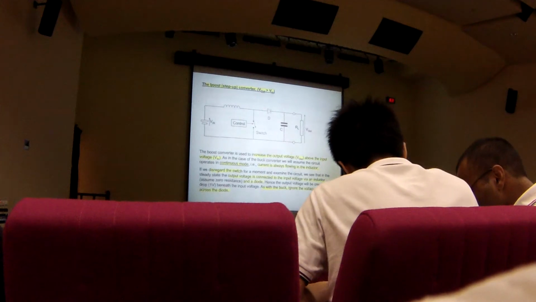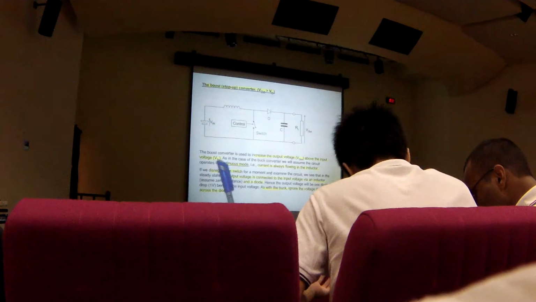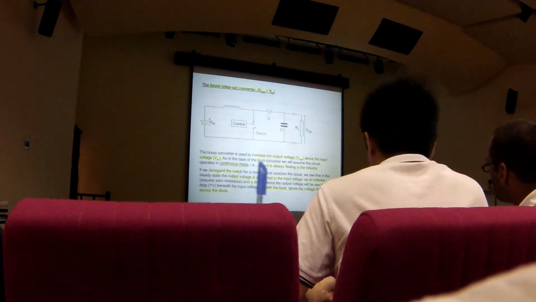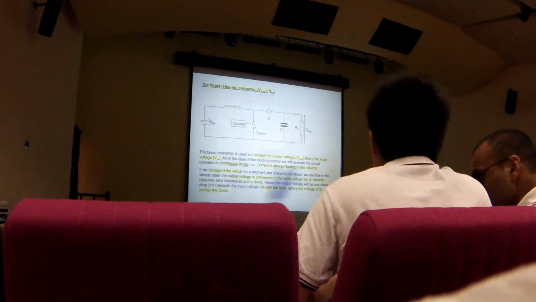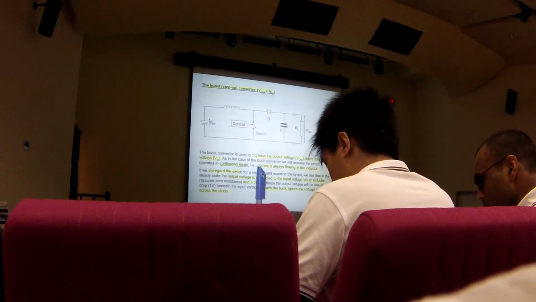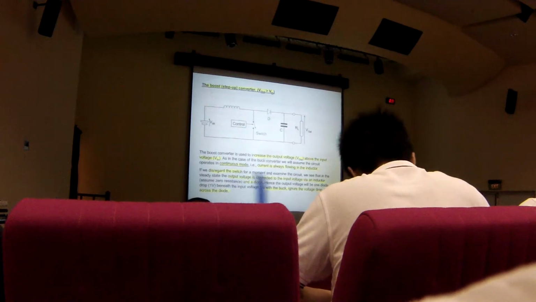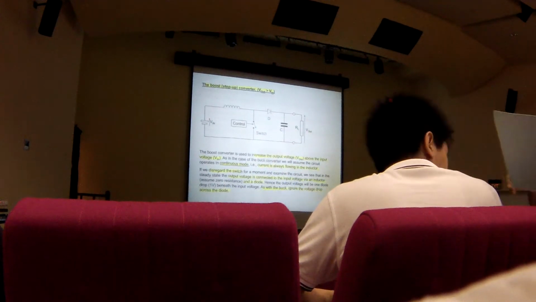Alright? Okay, if you can remember, a step-up converter, which is a boost converter, is used to increase the output voltage above the input voltage. Similarly, in the case of a boost converter, we also assume that it operates in continuous mode, meaning there's always current in the inductor. Alright?